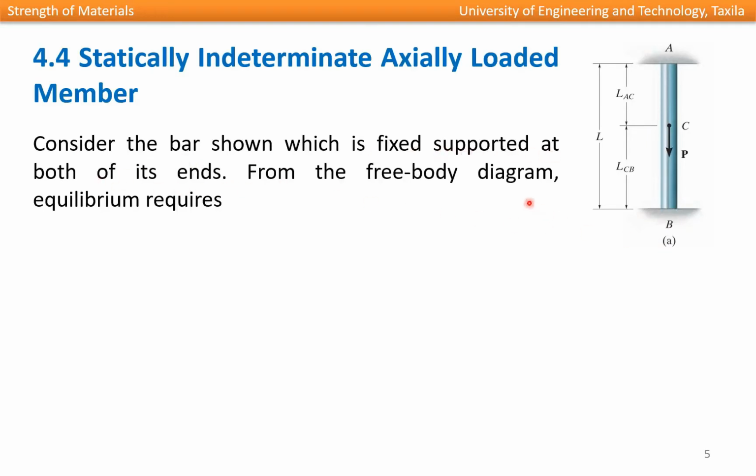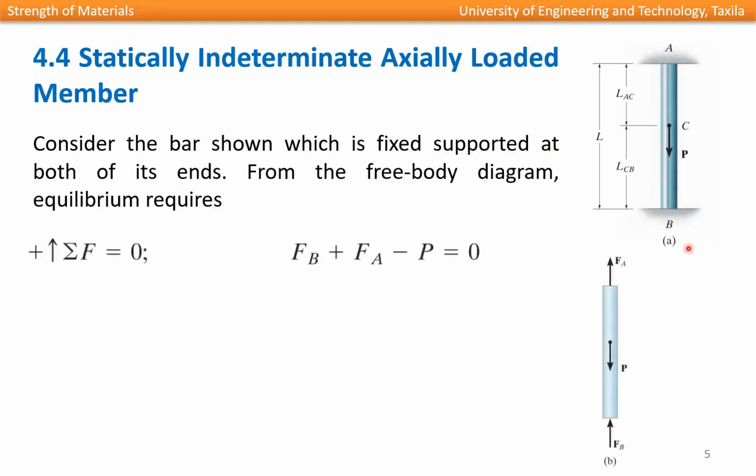From the free body diagram, the equilibrium requires that we take the summation of vertical forces. This is a free body diagram of the same structure. We have fixed end A with a vertical reaction, and fixed end B with also a vertical reaction. Here it is FA, here it is FB.